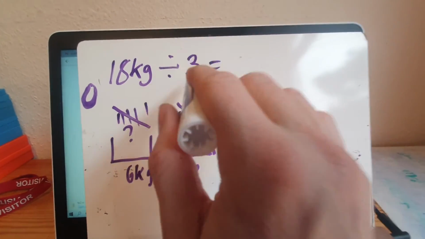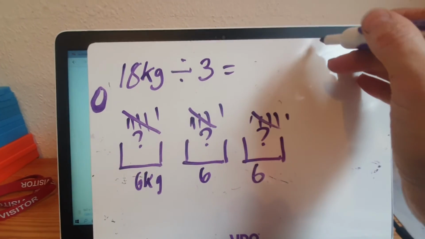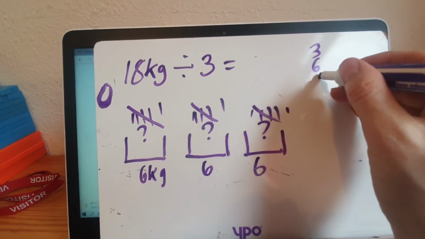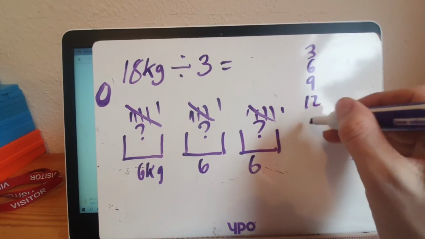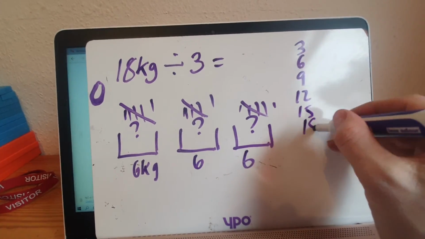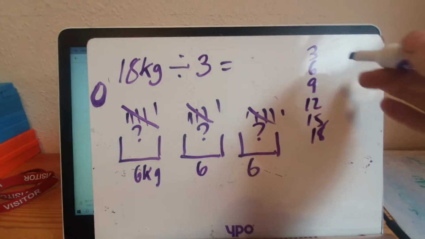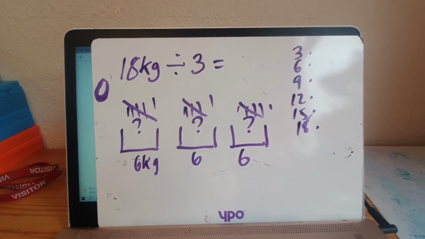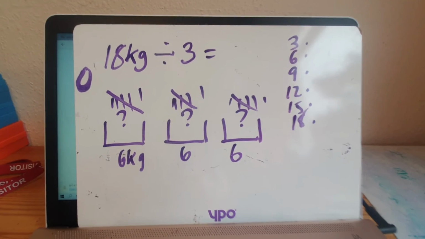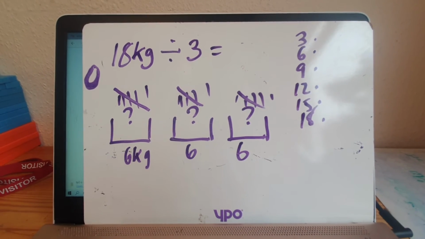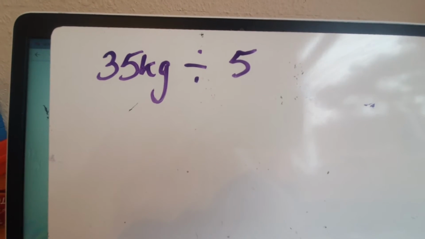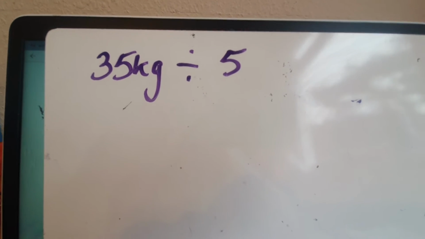Another way we could do it is by just counting forward in our 3s. Because you're asking how many 3s are in 18. So using your 3 times tables, 3, 6, 9, 12, 15, 18. So that's 1, 2, 3, 4, 5, 6. So a couple of different ways to do that. Have a go. Okay, and there's another question. So 35 kilograms divided by 5.